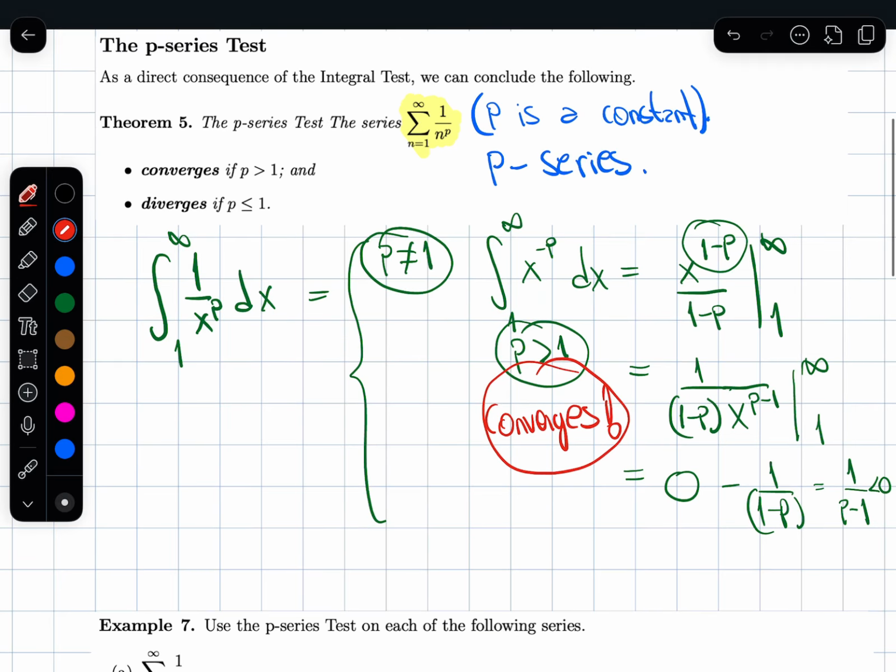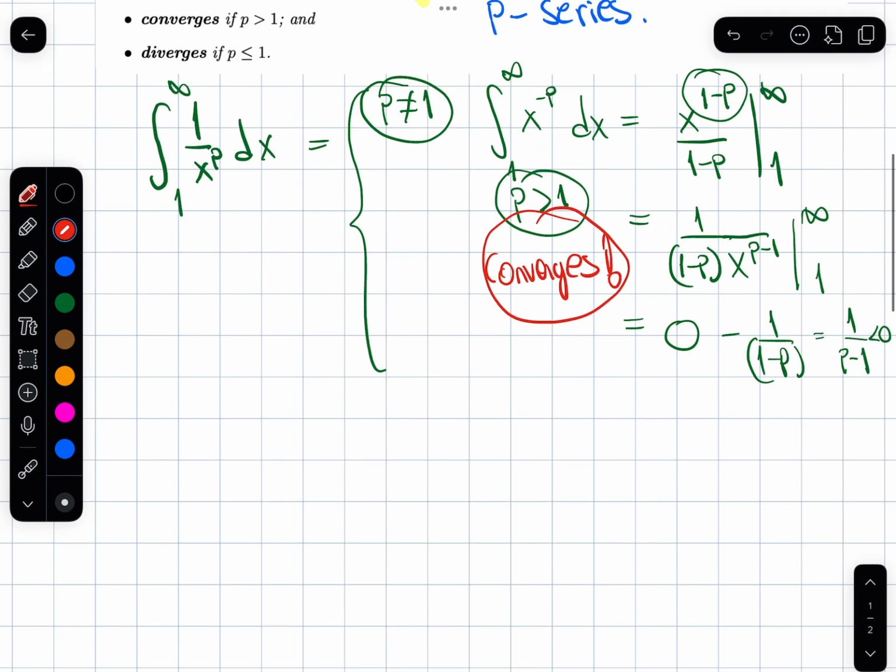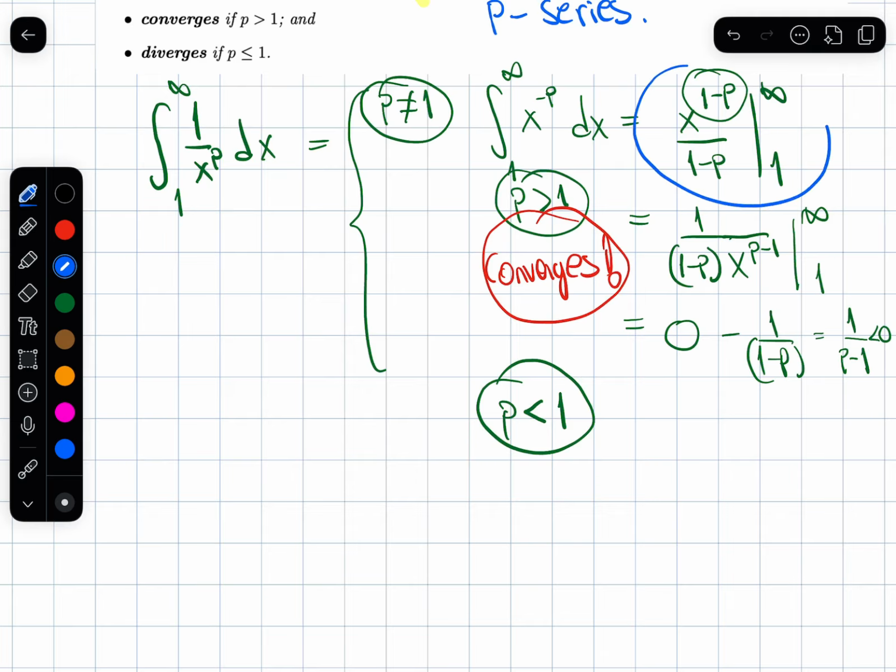Now, if p is less than 1, then from this step, I have x to the power 1 minus p over 1 minus p, from 1 to infinity.